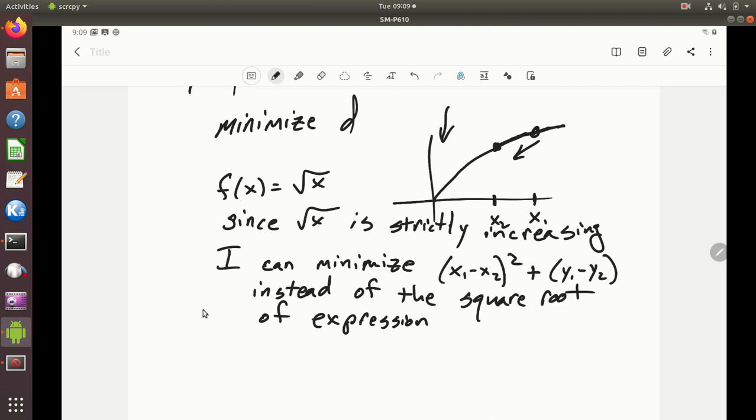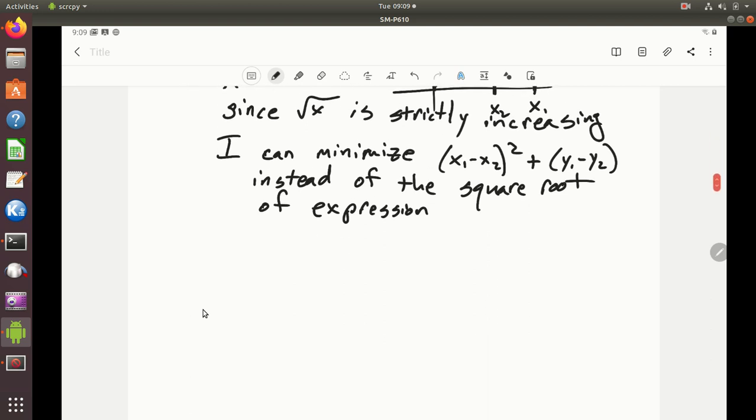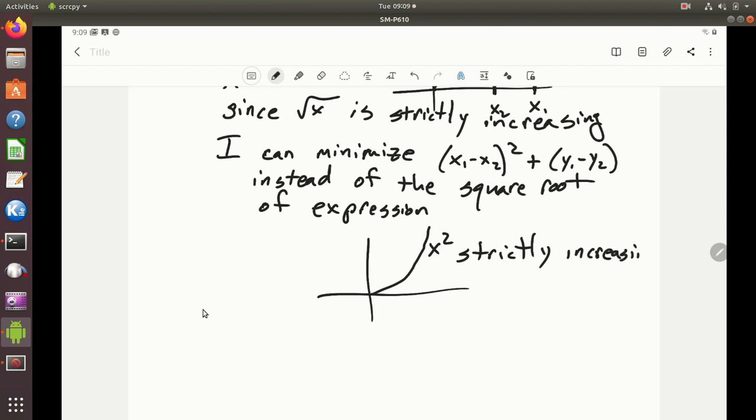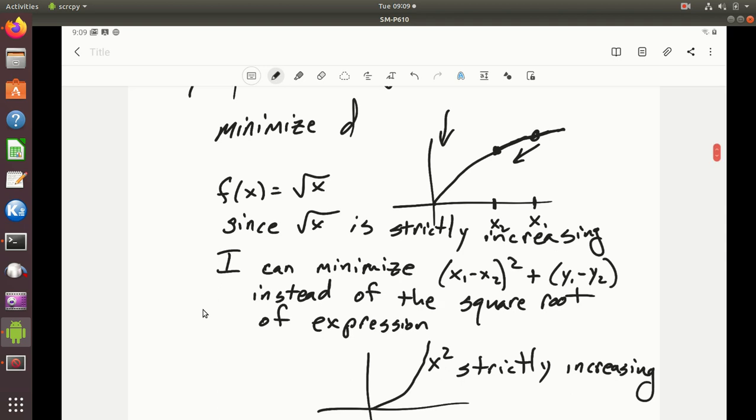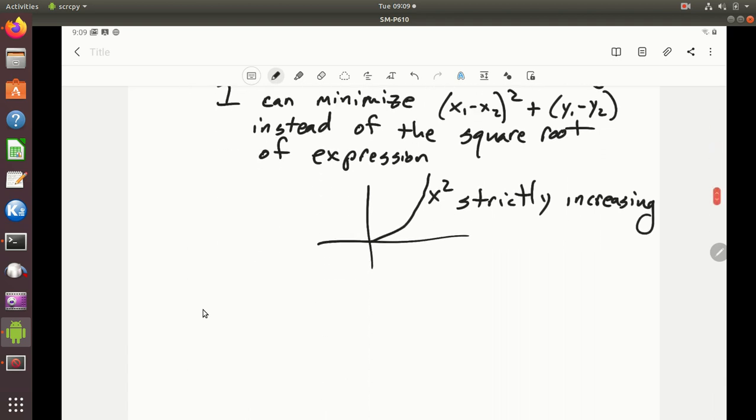Okay, so that's one way to look at it. Another way to look at it is that the x squared function is strictly increasing. So there are a couple ways to decide that we can get rid of that square root. And one way was just that the square root itself is a strictly increasing function, and so if I'm trying to minimize it, I can minimize the square root function by minimizing x. Okay, so that's one way to see it.